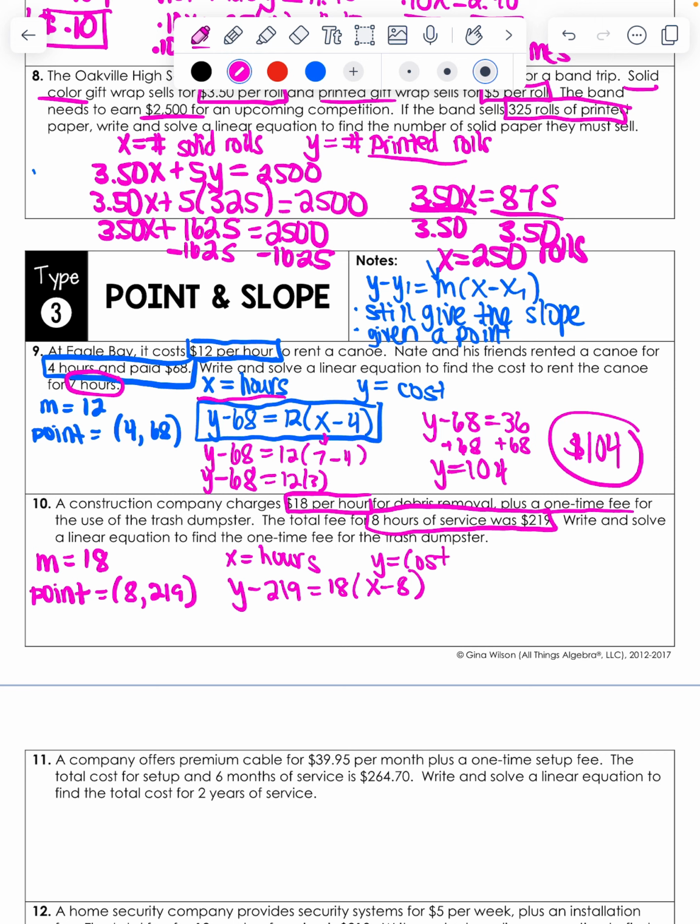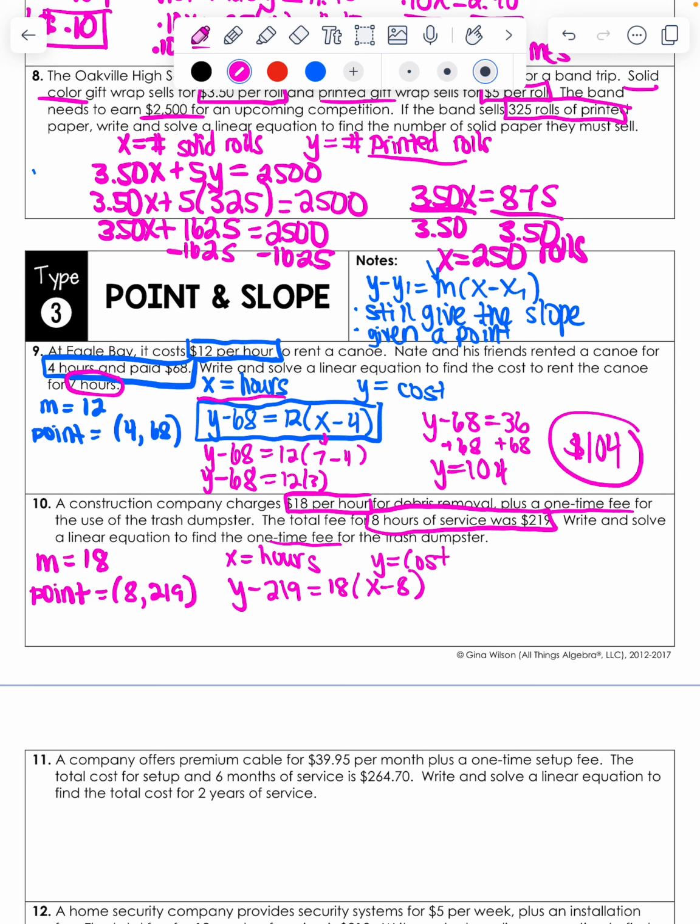So the problem is write and solve a linear equation to figure out the one-time fee. Interesting, they actually want us to figure out what the one-time fee is for the trash dumpster. We have a couple different options to solve this. One option, if we're looking for the one-time fee, which is the y-intercept, could be to find the y-intercept of this equation.